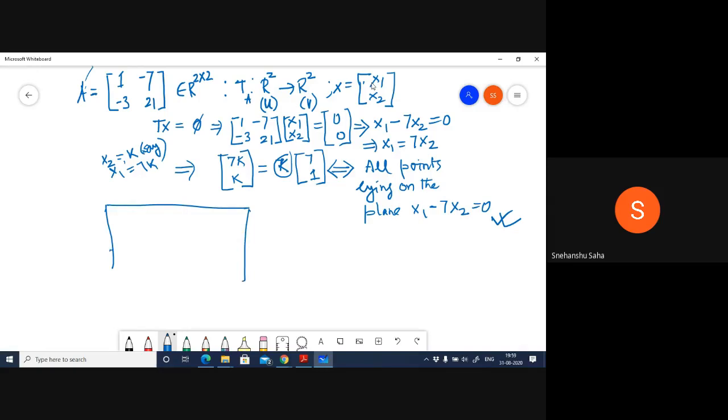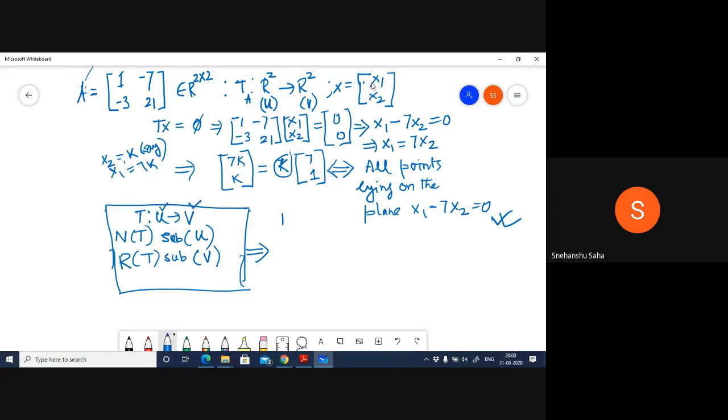To capture what we have so far: we have a linear transformation from U to V. Null of T is a subspace of U, and range of T is a subspace of V. What is really important is that, typically, when you have such a linear transformation, there is no guarantee that the dimension of U and the dimension of V are the same.